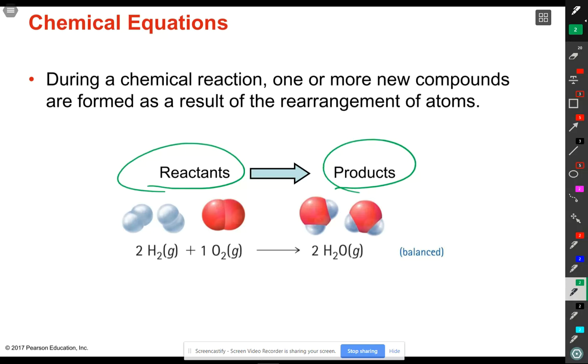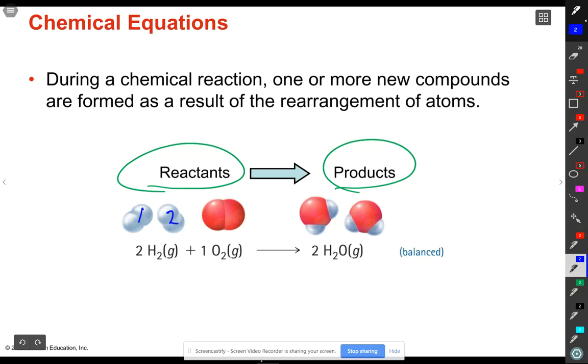This pictorially is very nice. It shows 2H2 means I have, that's not enough contrast. Means we have 2 of those H2 molecules. 1 O2, we usually don't write this one, it's implied. Means we just have 1 O2.